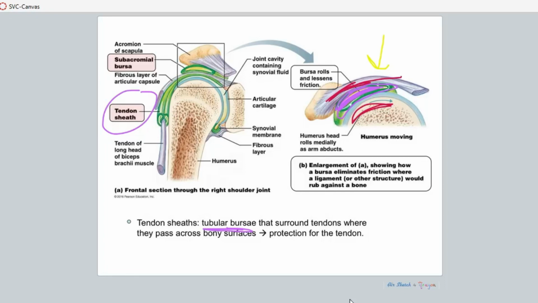So this is the shoulder joint. The bicep muscle is down there, and this is the tendon for the bicep. And the tendon for the bicep runs all the way up around the shoulder, and it connects over here. And to prevent friction with the humerus, we wrap it with a tendon sheath, which is just a tubular bursa.